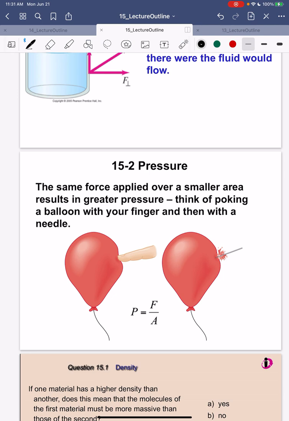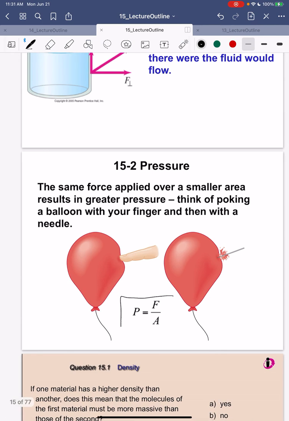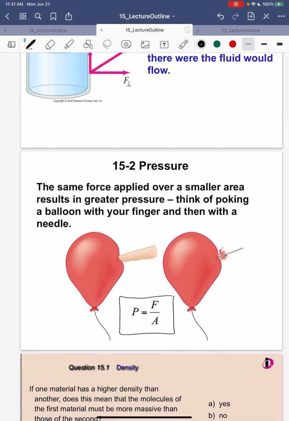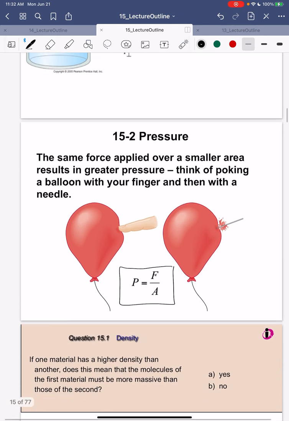Now, there is a direct relationship between pressure and force, and an inverse relationship between pressure and area. The same force applied over a smaller area results in greater pressure, because area is in the denominator. Think of poking a balloon with your finger and then with a needle.